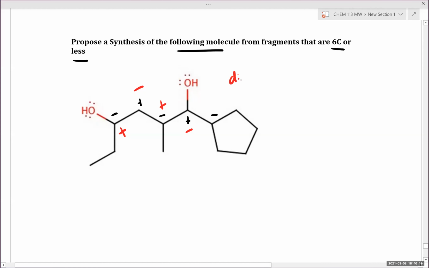We call this pattern a dissonant pattern. And in many cases, this means you may have to use a bond forming step that uses polarity reversal, or you may need to be a little bit careful with which bonds you break.